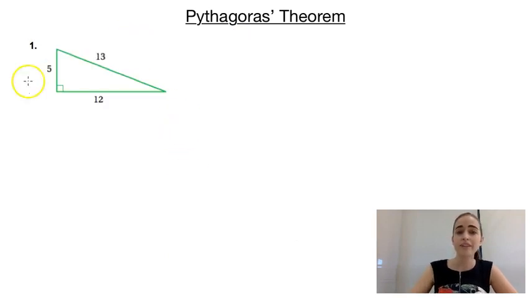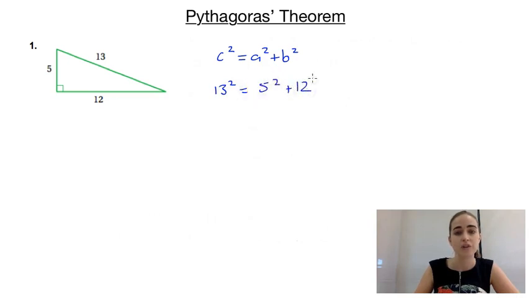So if we have a look at this first example, we've got our triangle with 13, 12, and 5 as its side lengths. So that 13 is going to be our hypotenuse, and the 5 and the 12 are our two shorter sides. So we know that Pythagoras' theorem is c squared equals a squared plus b squared, and c has to be the hypotenuse. So for our triangle, this is going to become 13 squared is equal to 5 squared plus 12 squared.